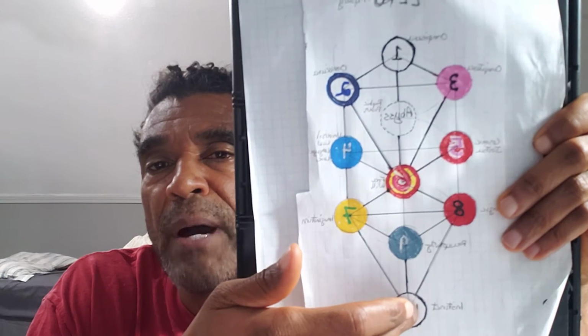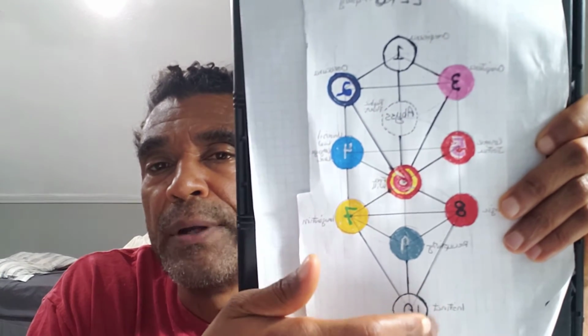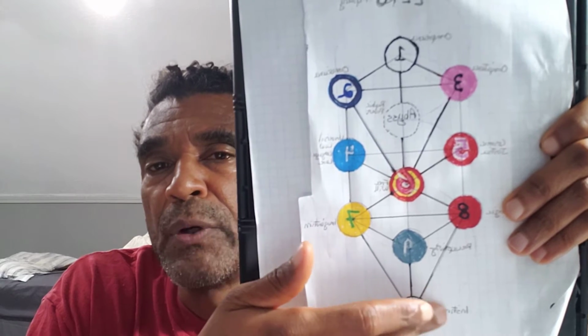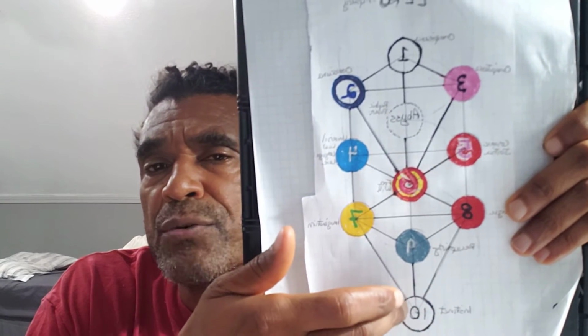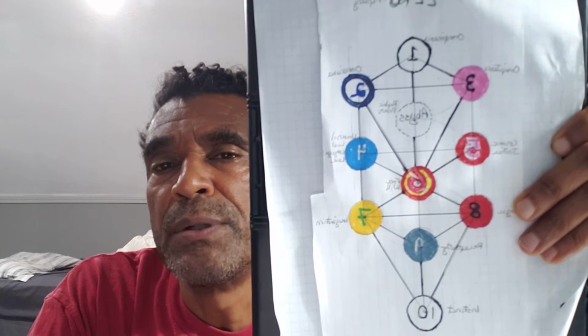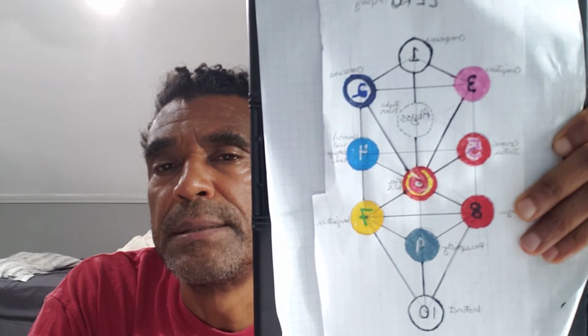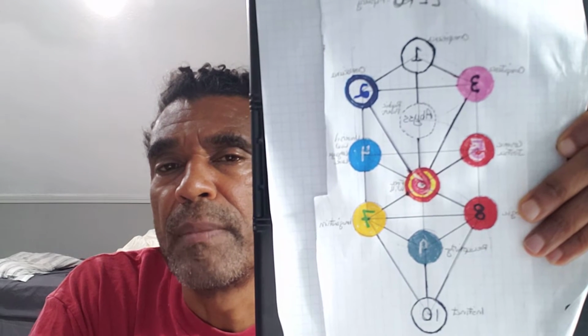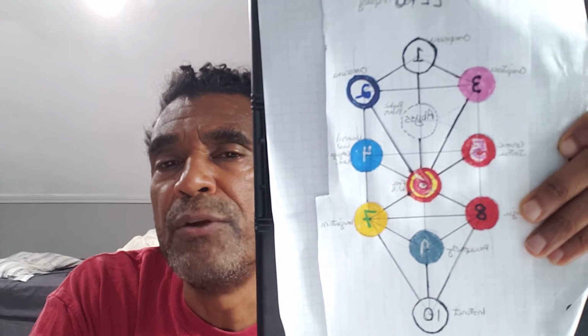The 10th sphere is about our survival, our instinct, and this is like our animal consciousness. It's interesting because animals have this full-blown way earlier than humans do.